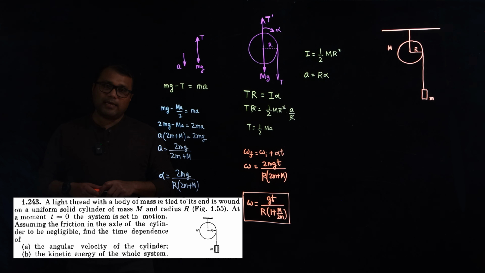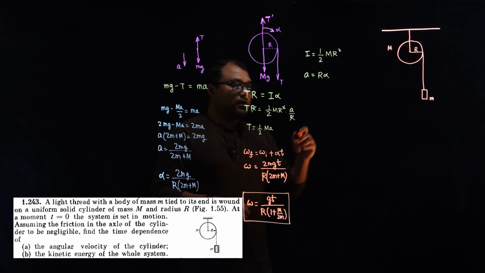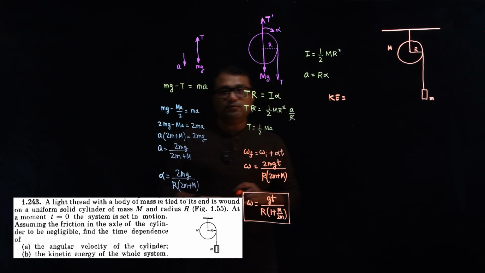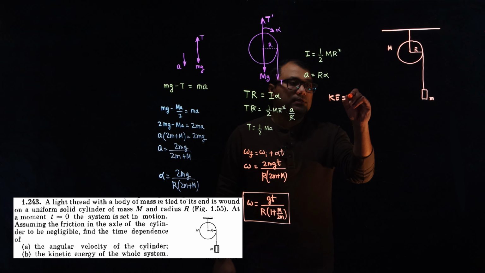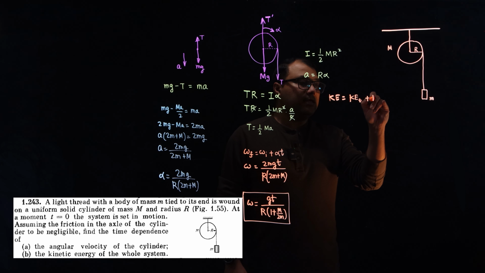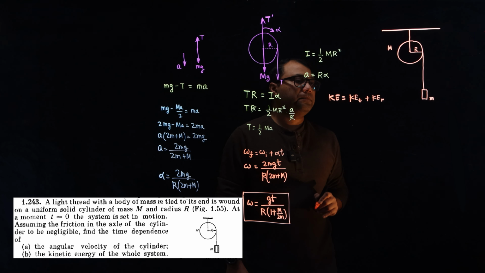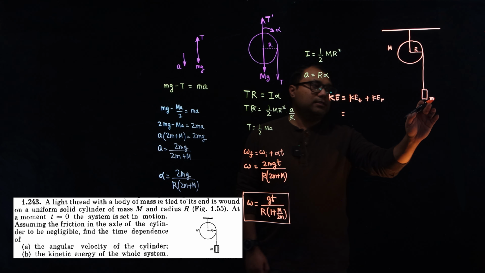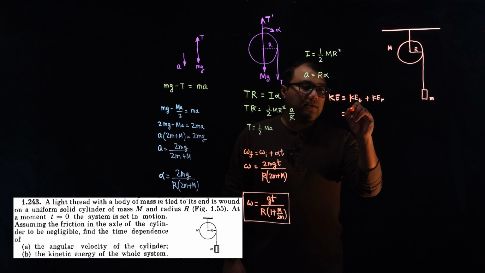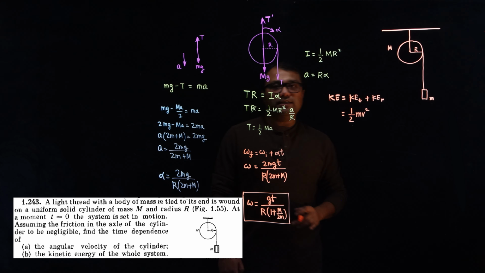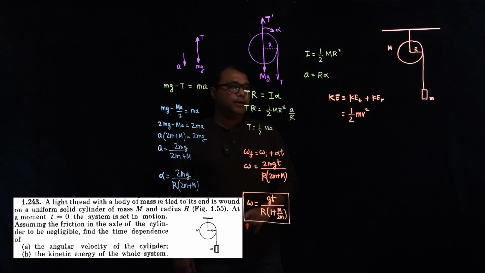Second thing we need to find is time dependence of kinetic energy of the entire system. Okay, so kinetic energy of the system, there are two types of kinetic energy here. One is kinetic energy due to translation, another is kinetic energy due to rotation. Okay, now kinetic energy due to translation: this mass is translating, and its kinetic energy will be half mv square, where v is the instantaneous velocity with which it is falling.